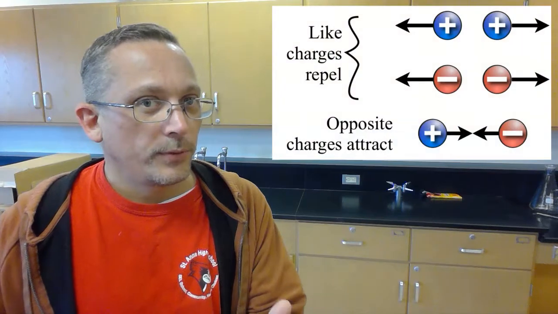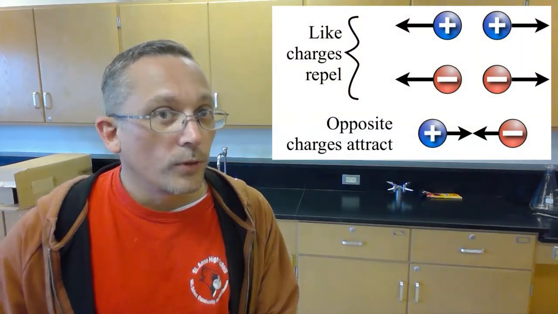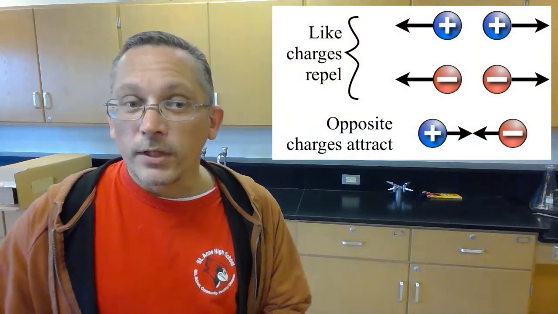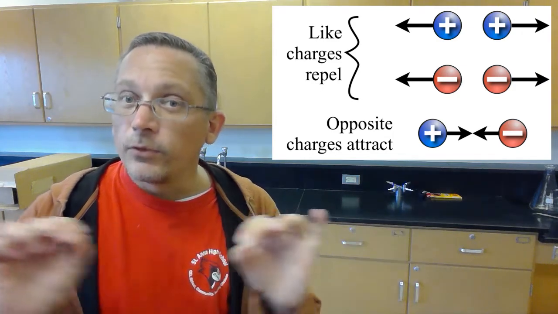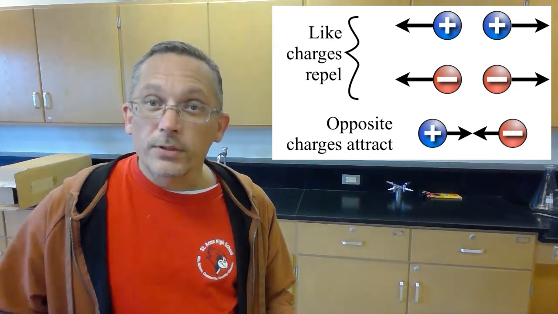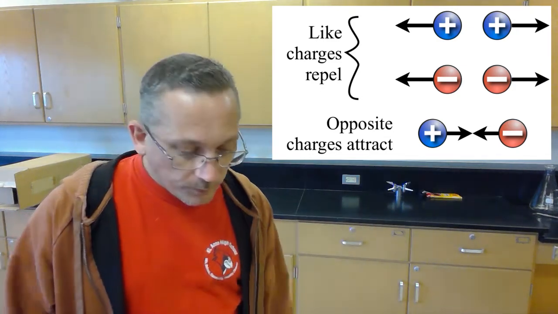So, interesting character there. But Benjamin Franklin named our two kinds of charges positive and negative. Makes sense. There's two different kinds. Let's call them positive and negative. Some things that we need to understand about those positive and negative charges: charges that are the same type, either both positive or both negative, will repel each other. They'll move away from each other. They'll experience a force that pushes them apart.